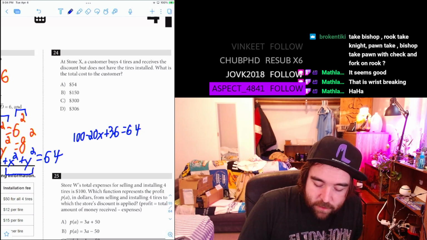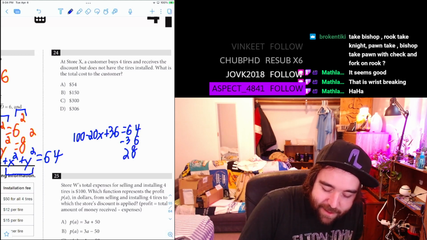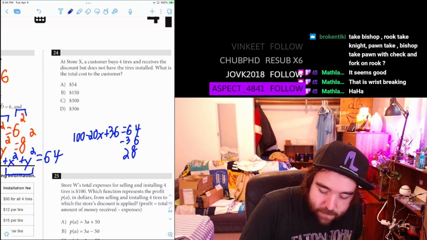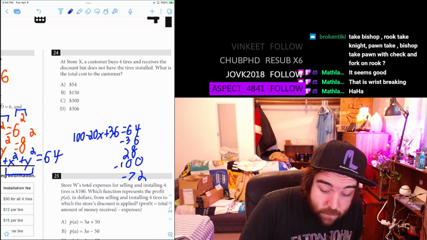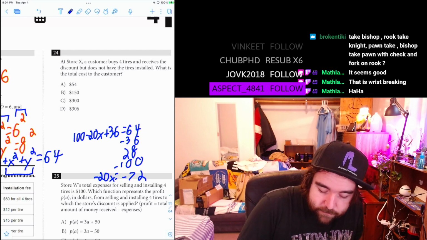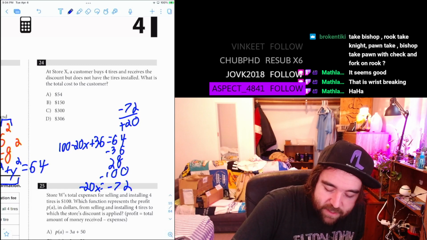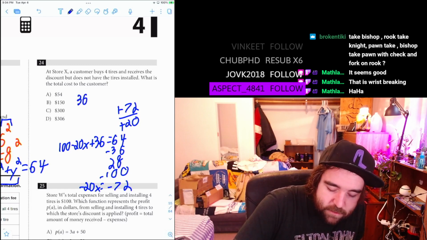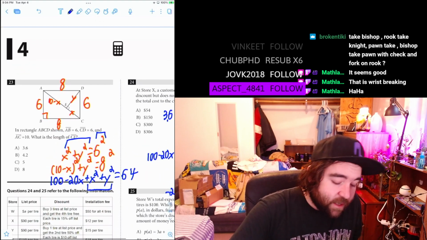That's going to allow us to solve for x. We'll subtract 36, that should be 28. And then we subtract 100, so that's negative 72. Negative 20x equals negative 72. So x is negative 72 over negative 20, which isn't that bad. Negatives cancel. 72 over 2 is 36. 36 over 10 is 3.6. That is the answer.